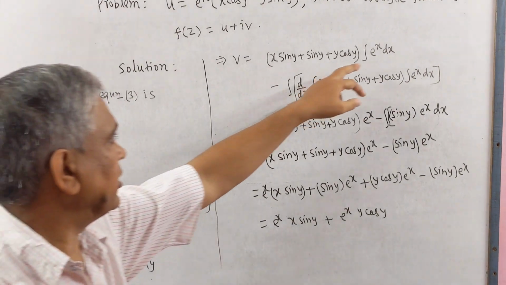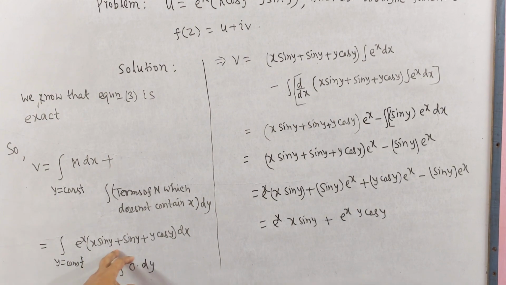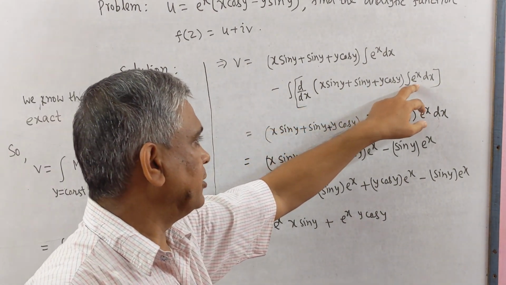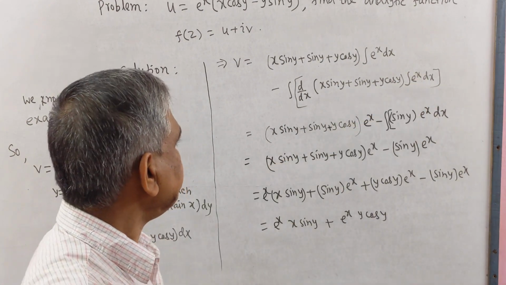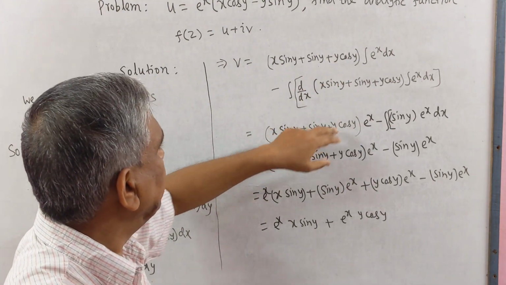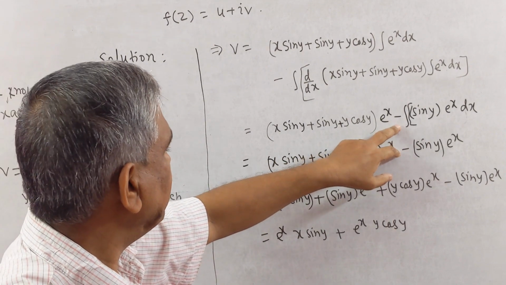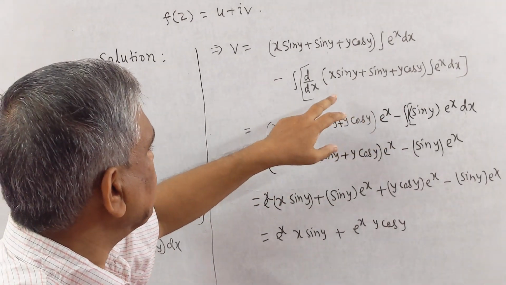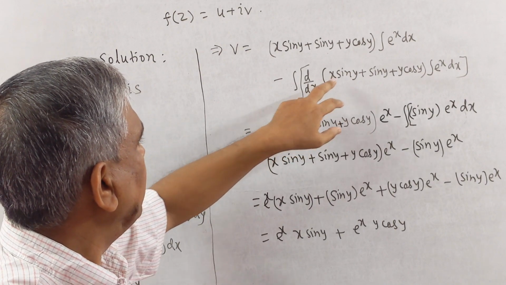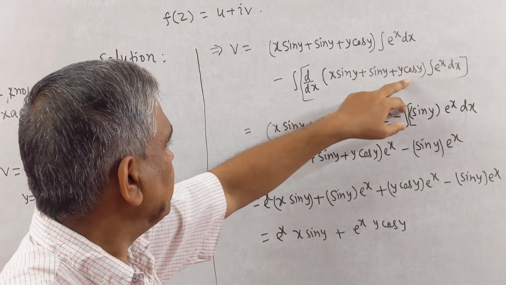Integration of e^x is e^x, minus the differentiation with respect to x, where y's are treated as constant.